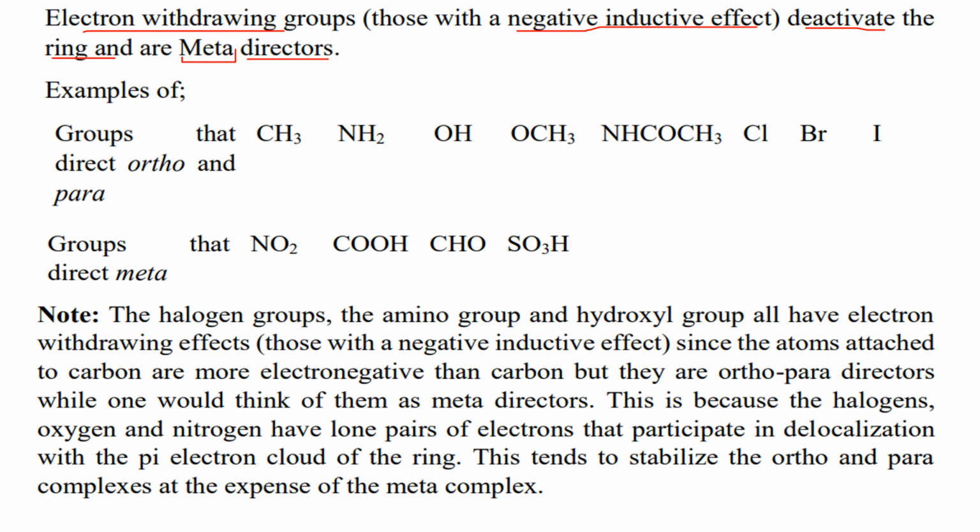Now here are examples of groups that are going to be directed to ortho and para positions. Ortho is the 2nd one, and para is the 4th one. So whenever you have a reagent giving you any of these groups, such as phenylamine, or in other words anything that does not contain more than one oxygen atom.